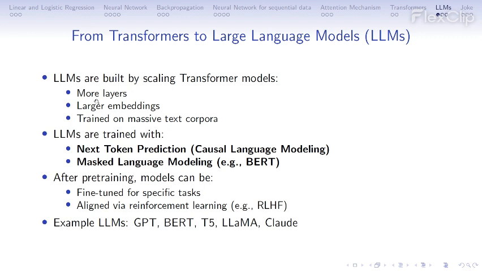By adding more layers and embedding layers to the transformer architecture and training on a huge amount of data, these language models are created. Large language models are trained with next token prediction.